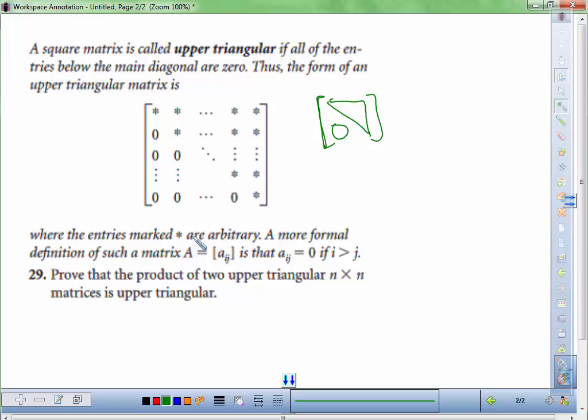It's hard to partition this into different partitions aside from, it's already upper triangular.